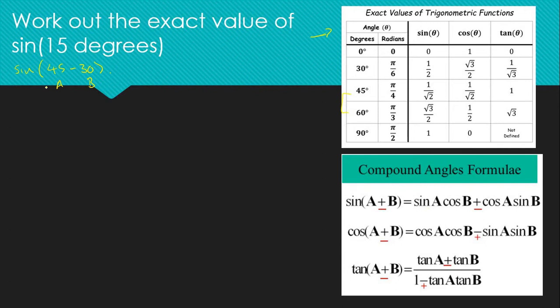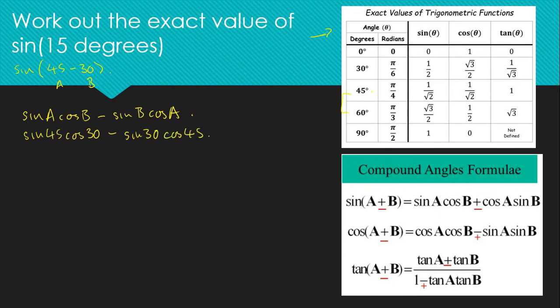Taking a look at my compound angle formula, when I've got sine with a minus, I've got sine of A cos of B minus sine of B cos of A. Okay, well that's going to be sine of 45 cos of 30 minus sine of 30 cos of 45.